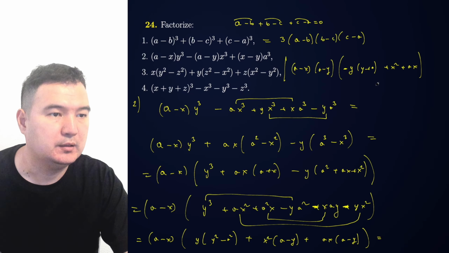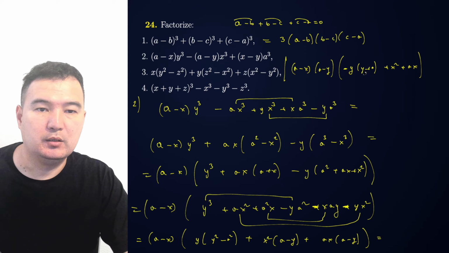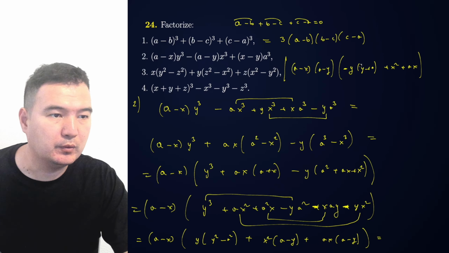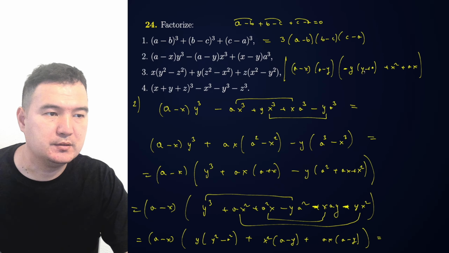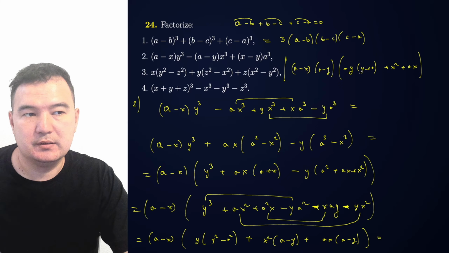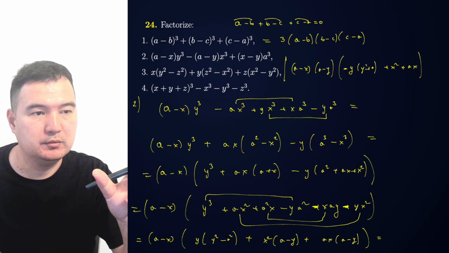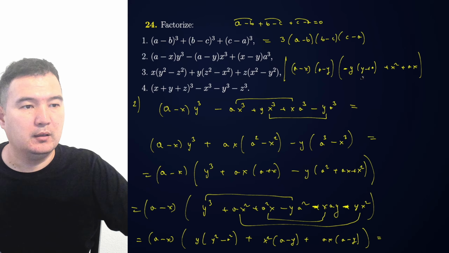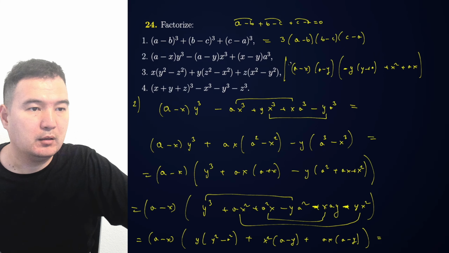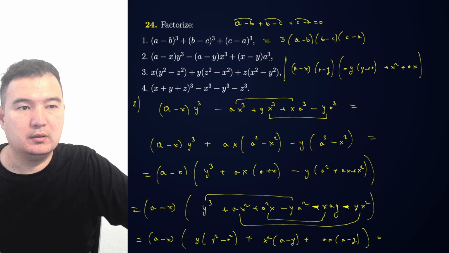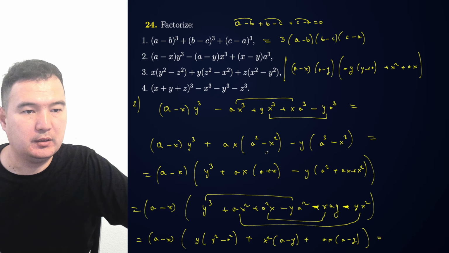With a minus here. You can factorize this. This is four terms, and you can easily factorize it by grouping two by two. Basically, the idea of this one and this one are very similar. You can try to follow the same idea.